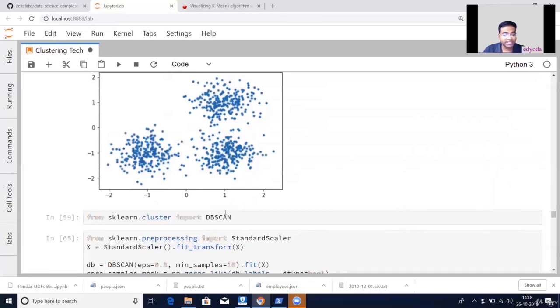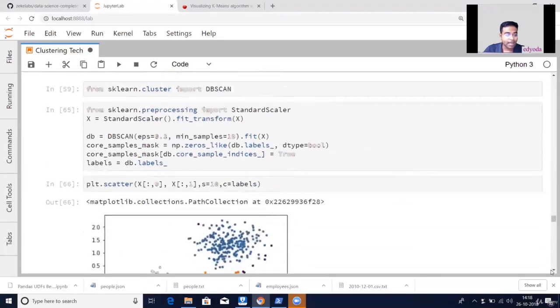We have DBSCAN as part of the cluster module. We are scaling the data, and then DBSCAN takes a parameter eps. Eps is a measure of the extent to which you can allow a data point to be part of a cluster. If you increase the value of eps, you're telling it the distance that you accept for a point to be part of a cluster.